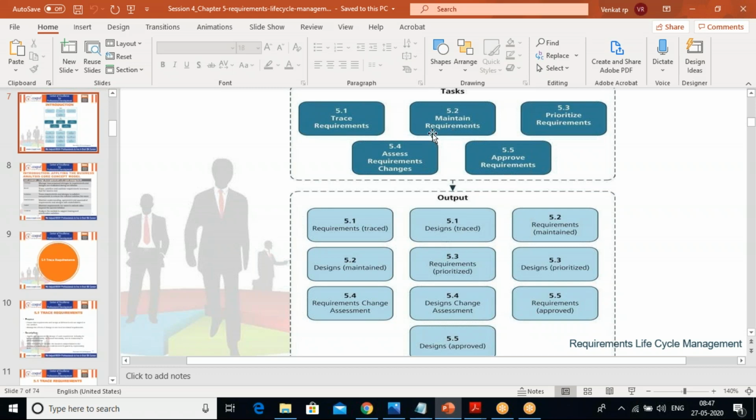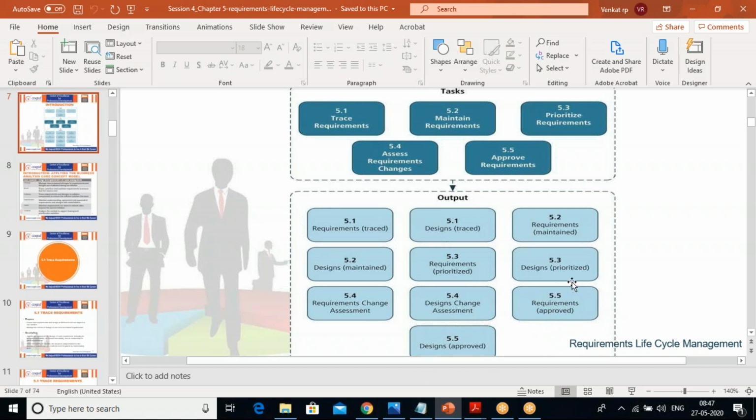That means a task will have two outputs. Maintain requirements will have requirements maintained and designs maintained. Prioritize requirements, you know the output: requirements prioritized, designs prioritized. Then assess requirements changes gives a requirements change assessment and a design change assessment. And approve requirements gives requirements approved, designs approved.